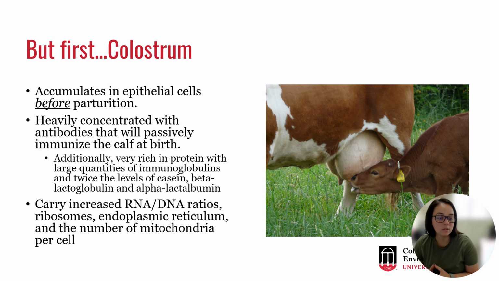Colostrum also carries an increased ratio of RNA to DNA, as well as ribosomes, endoplasmic reticulum, and number of mitochondria per cell. Again, this is likely because we're trying to jumpstart continued growth in the immune system for these animals within their first 24 hours.